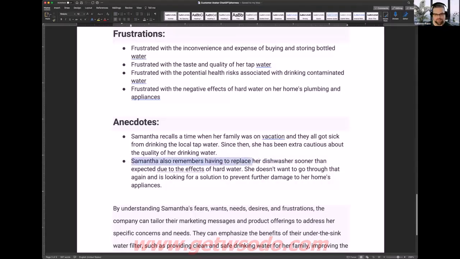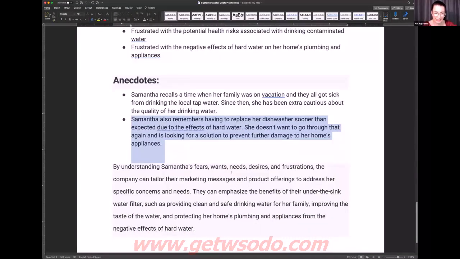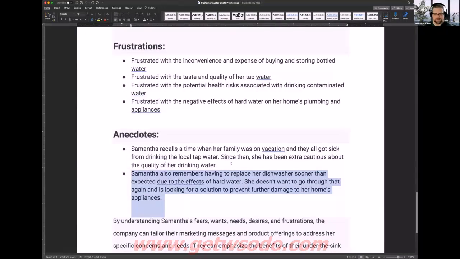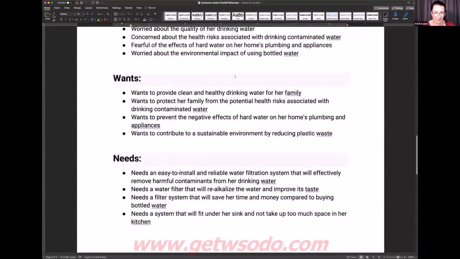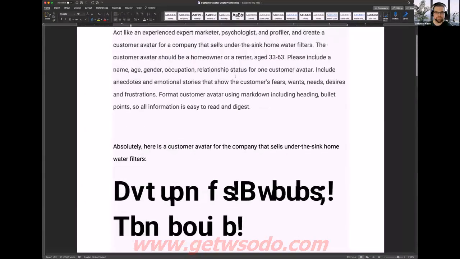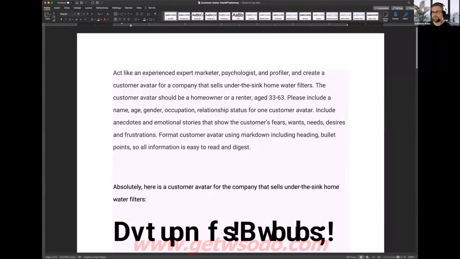Samantha also remembers having to replace her dishwasher sooner than expected due to the effects of hard water. Okay. Wow, I wonder if that's a thing. I don't think so. Not for people that are looking for water softeners, not water filters. So, yeah, good practice.